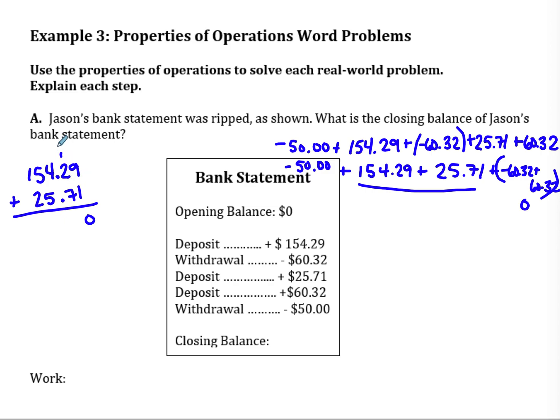Write the 0, carry the 1. 1 plus 2 is 3, plus 7 is 10 again. 1 plus 4 is 5, plus 5 is 10. 1 plus 5 is 6, plus 2 is 8. And then 1 plus 0 is 1. So $180 is just this part.